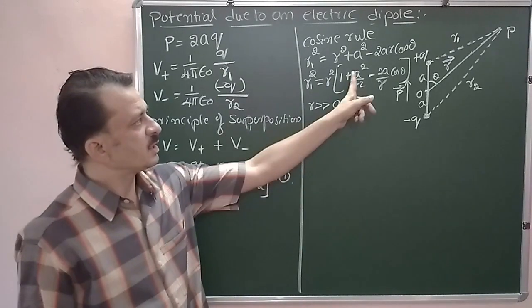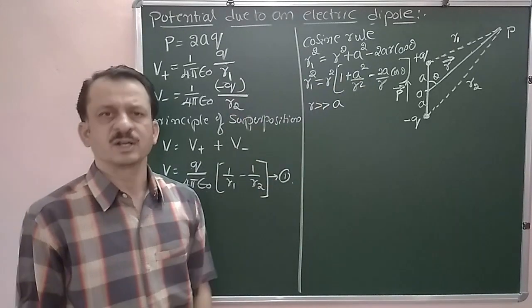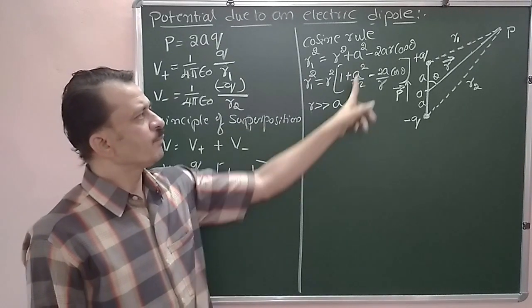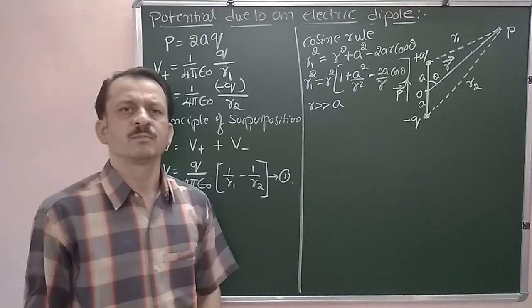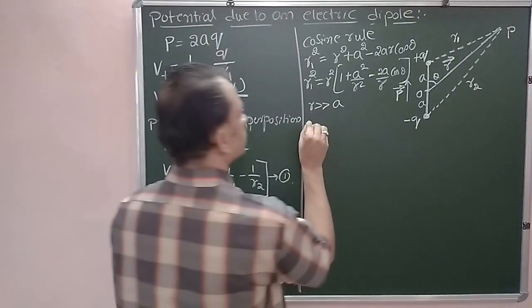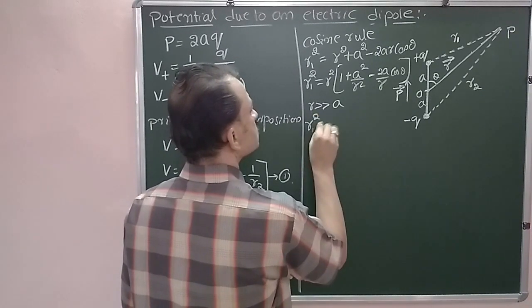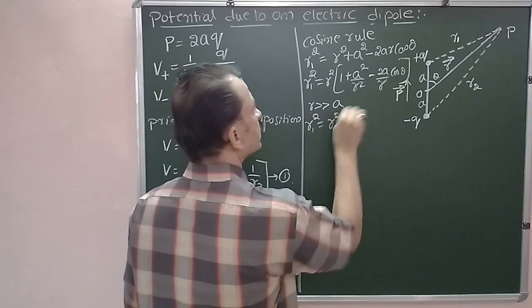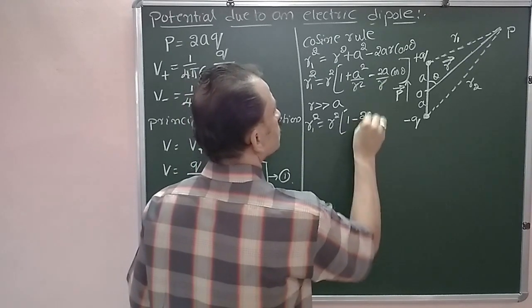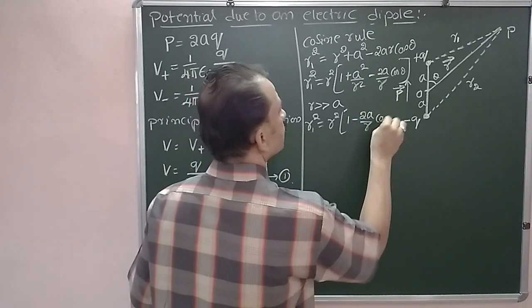So that means we are neglecting the a square by r square term, because for r very much greater than a, this a square by r square term becomes very small and we will neglect it. So therefore I am getting r1 square is equal to r square into 1 minus 2a by r cos theta.